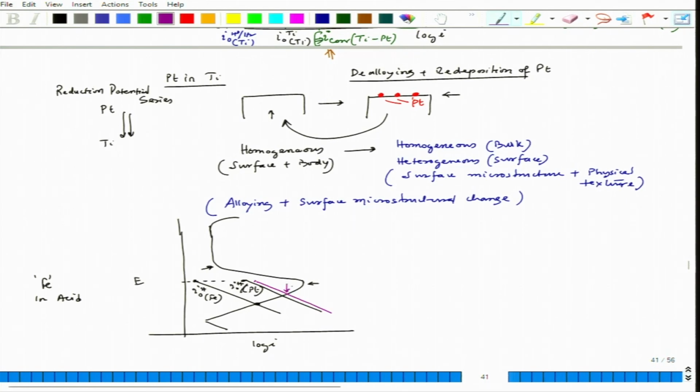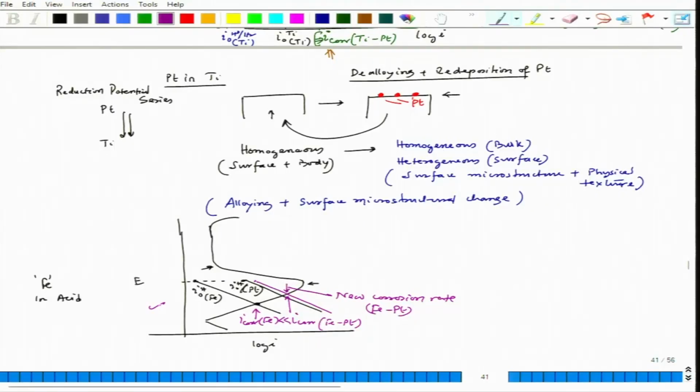This will be my new corrosion rate for the iron-platinum couple, and this is for only iron. We could see that I corr for iron-platinum is much higher than this. So if we alloy it with platinum, we are going to increase the corrosion rate a few orders of magnitude. So we have to be very careful doing such alloying.